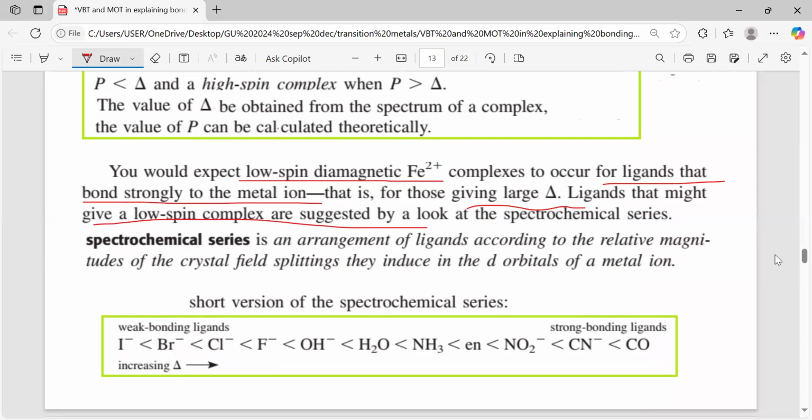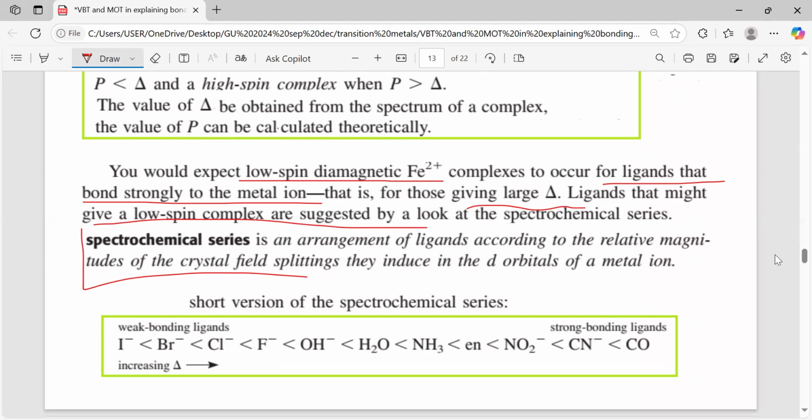And that leads us to what we call the spectrochemical series, which is an arrangement of ligands according to the relative magnitudes of crystal field splittings they induce. The one that induces a bigger split is called a strongly bonding ligand.